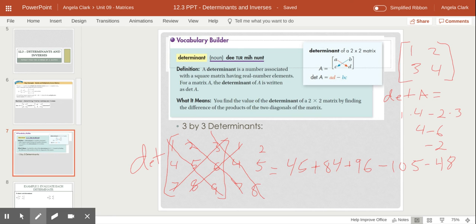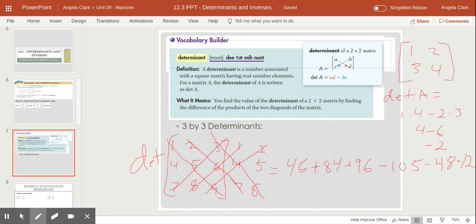And then one last diagonal, multiplying them all together. 2 times 4 is 8, times 9 is 72. So subtracting here, 72. So that's how you find the determinant of a 3 by 3 matrix.